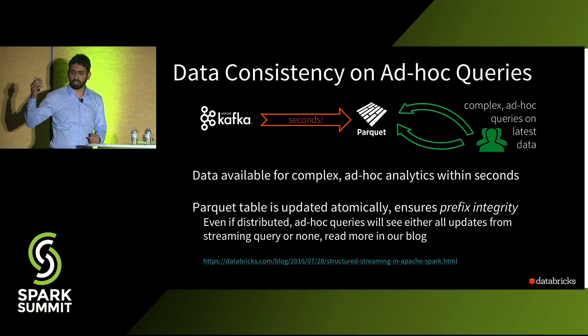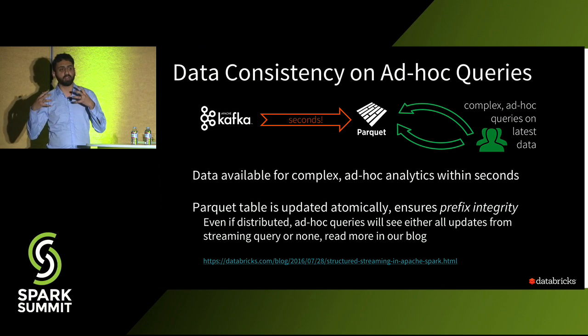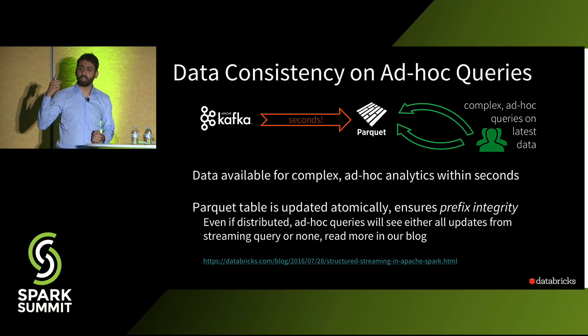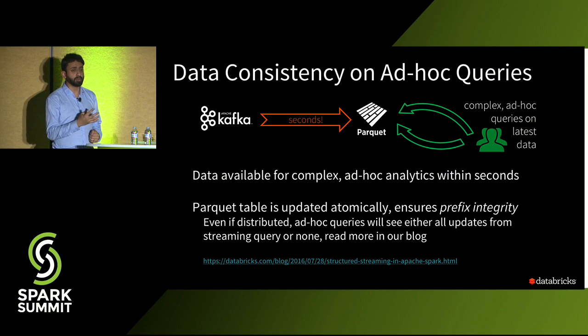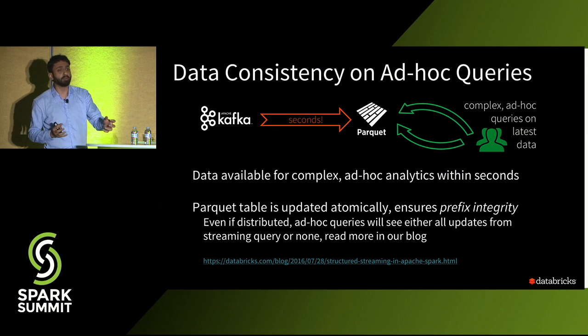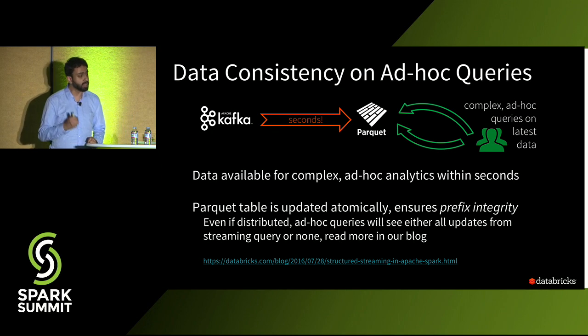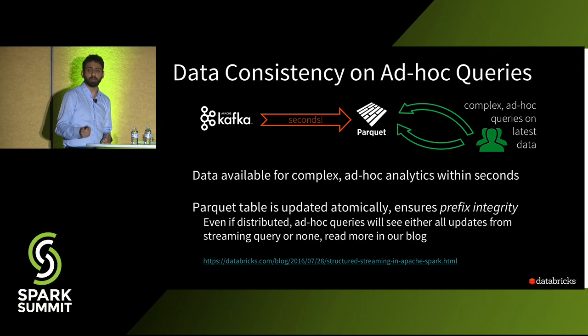So the updates are transactional and atomic in nature, so that when you're running interactive queries on it, you don't get inconsistent results. Either you see all the updates after a batch has been processed, or none of it at all. You can read more about this in our blog posts. Highly recommended.